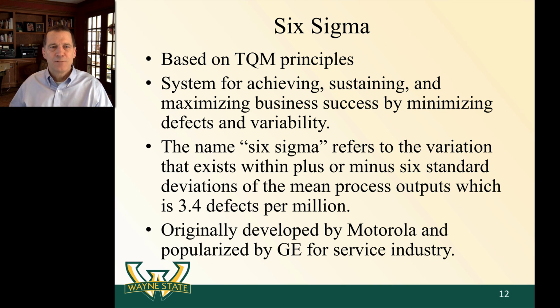The name Six Sigma refers to the variation that exists within plus or minus 6 standard deviations of the mean process output, which is 3.4 defects per million. So if we're operating at a Six Sigma level of quality, we are achieving 3.4 defects per million events on an overall basis, which is a very high level of quality.